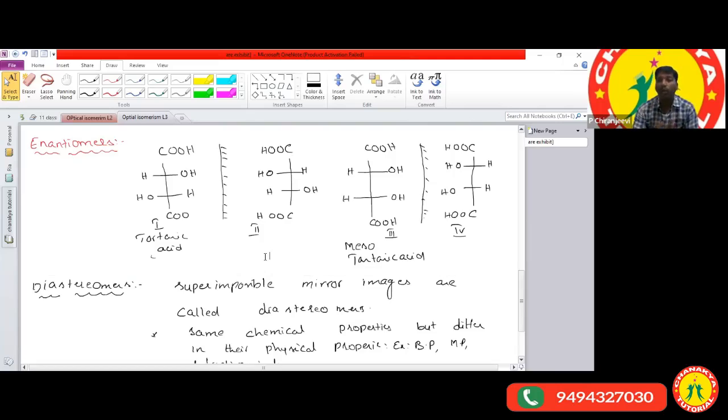My question is, what are the examples of diastereomers in the given 4 structures? Any one of you? Anjan? Samhita?